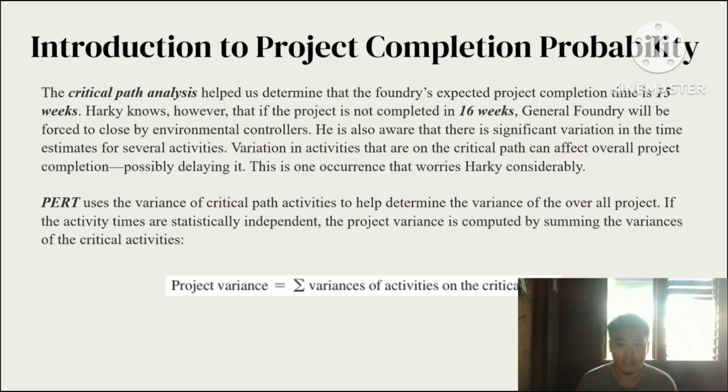Arcade notes, however, that if the project is not completed in 16 weeks, General Foundry will be forced to close by environmental controllers. He is also aware that there is significant variation in the time estimates for several activities. Variation in activities that are on the critical path can affect overall project completion, possibly delaying it.